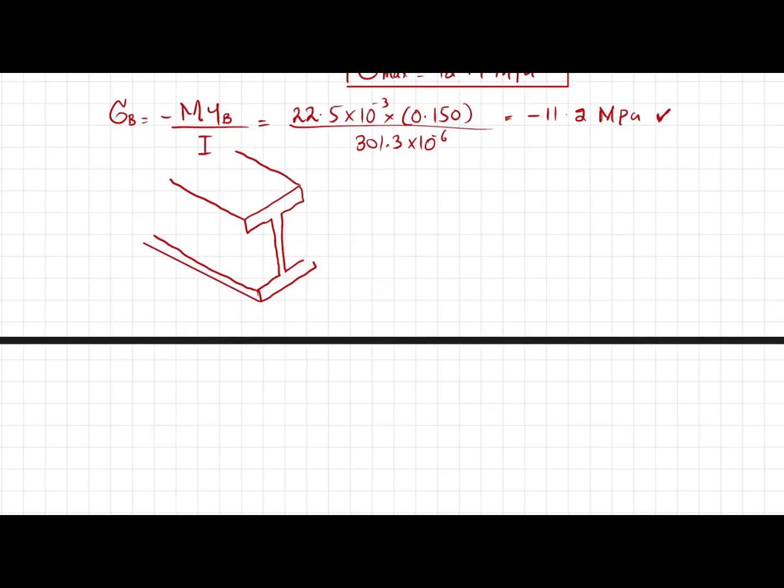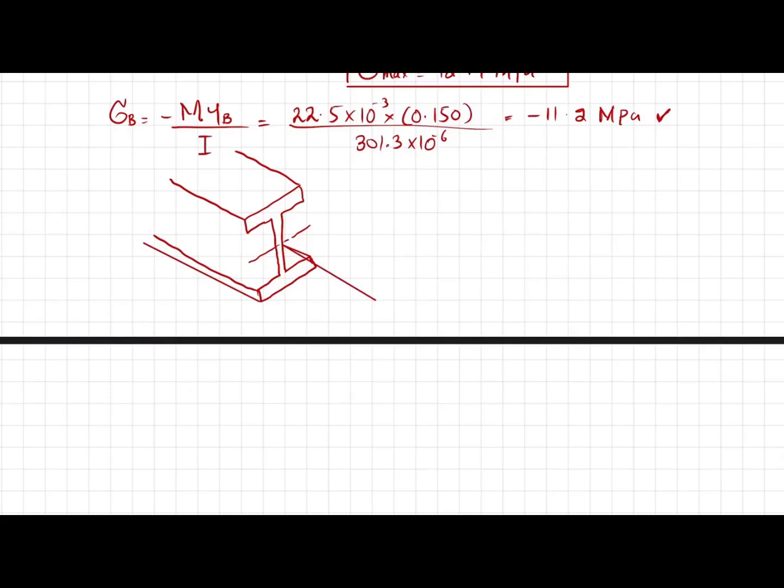Okay. So this is the beam, and this is your horizontal axis, and the axis that is outside is this one.